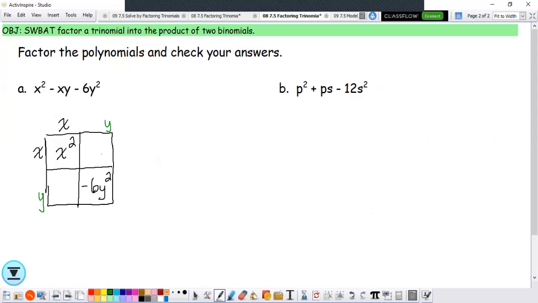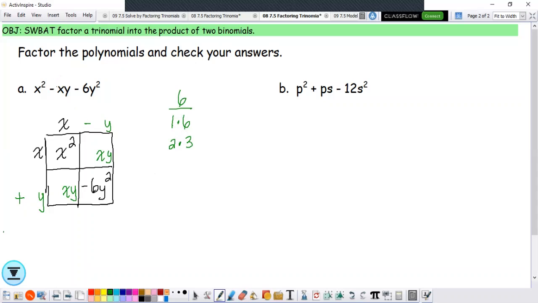So a y times an x will give us xy in our two remaining corners. Factor pairs of 6: 1 times 6, 2 times 3. And if we pay attention here, this 6 is a negative. So one of them is going to be negative, one of them is going to be positive.